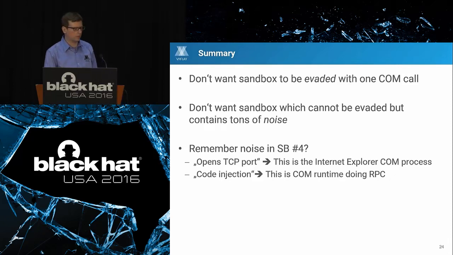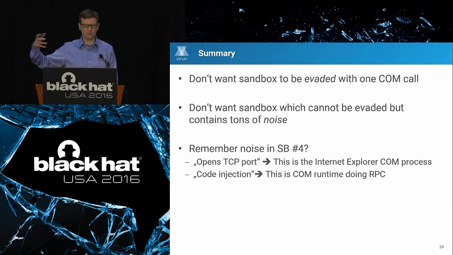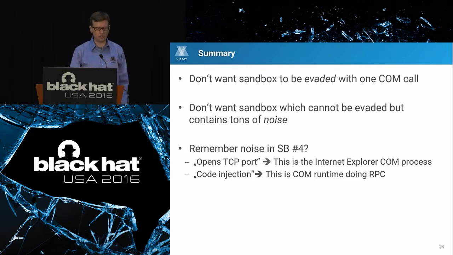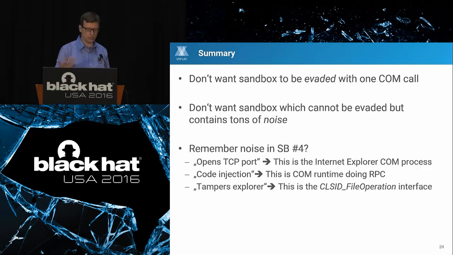Secondly, code injection. Again, that was detected, but not done by the test cases. However, the COM runtime does RPCs, and doing RPCs can be used for code injection in some cases. So some malware uses that, but this is not what is actually going on here. It seems like the sandbox just misinterpreted that as RPCs. And again, it's really hard to find out whether this is a real code injection or not.